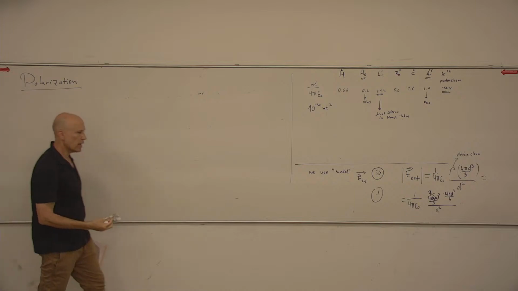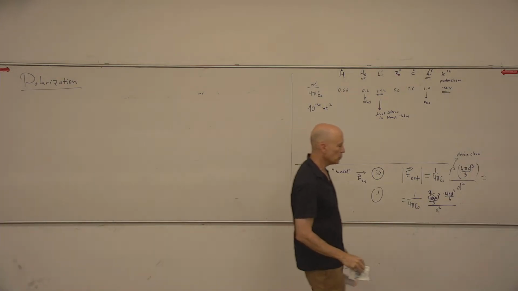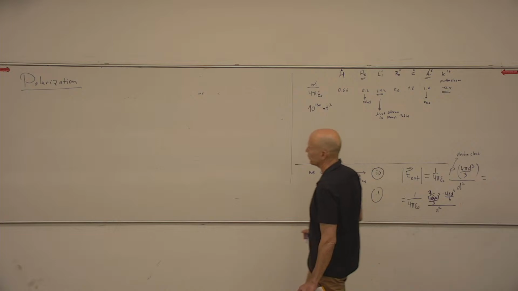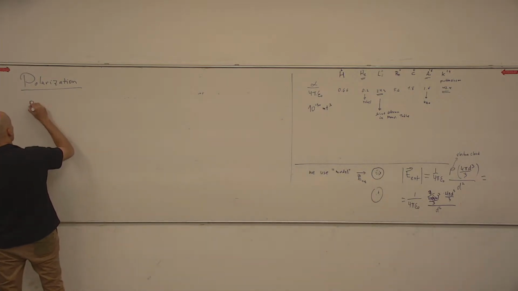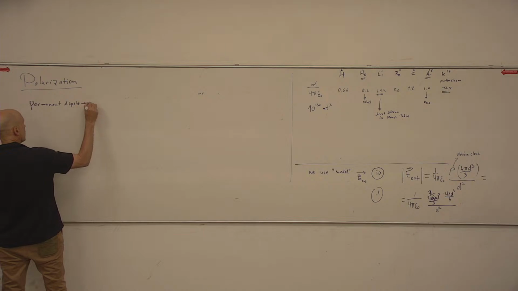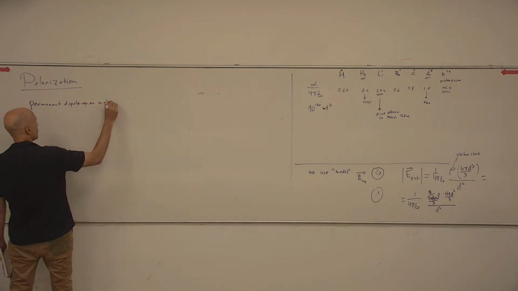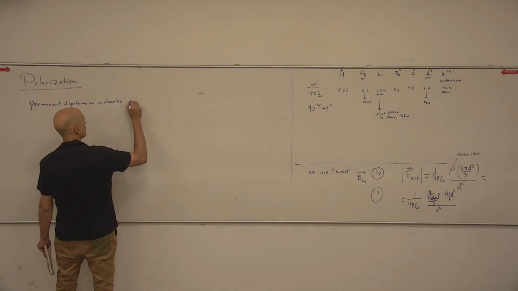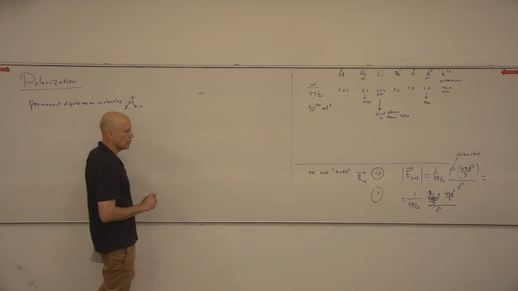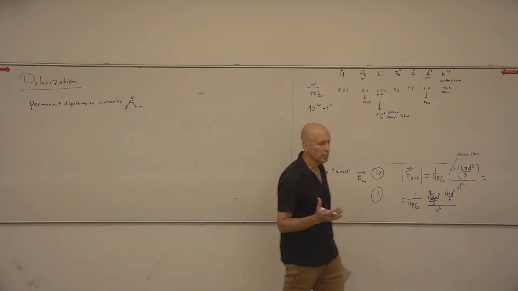So we have induced dipoles and we have permanent dipoles. But permanent is divided into two categories. So a permanent dipole on some molecules, H2O. This by symmetry breaking has some dipole.